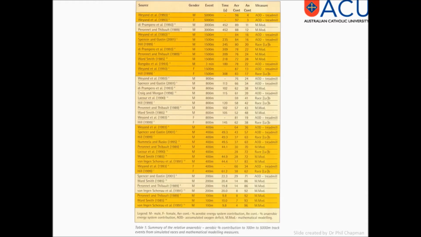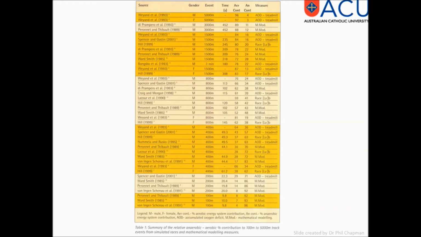The following table is a summary of research papers looking at the contribution of aerobic versus anaerobic. So starting up the top here, we've got the 5,000 meter event going down to the 100 meter event. So these are all running races that you will see in the Olympics.